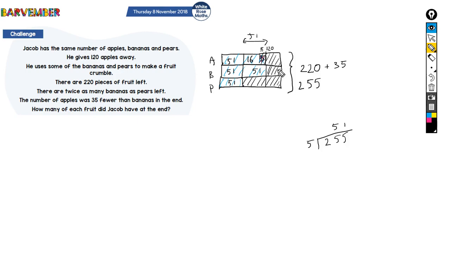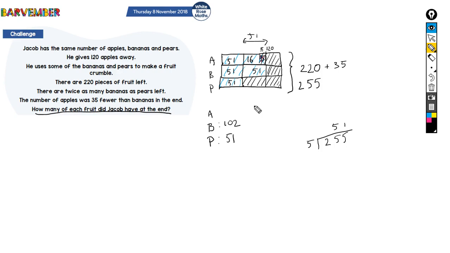Okay, and I've completely now lost track of what I'm after. Right, let's go. How many of each fruit did Jacob have at the end? So we have apples, bananas and pears. Of pears, that's nice and easy, there's 51. For bananas, also easy because it's 51 times 2, so that's 102.